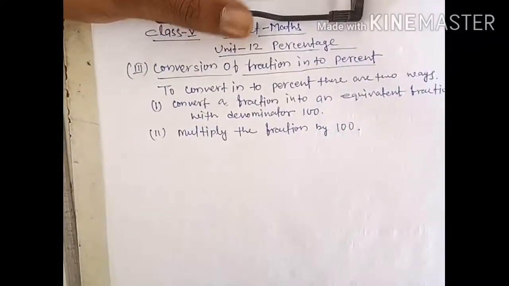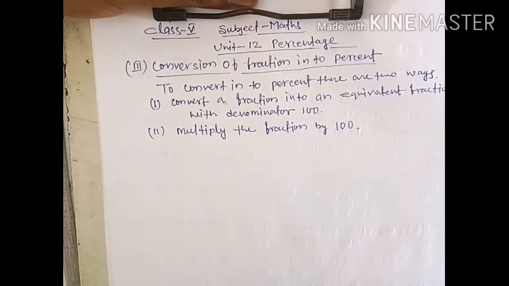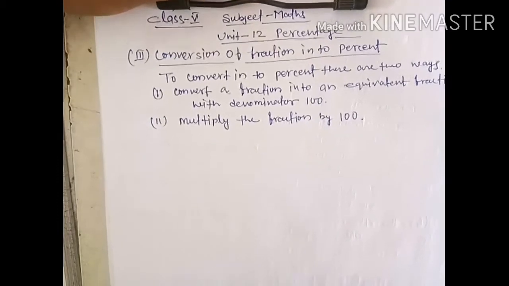There are two methods to convert fraction into percent. First, convert a fraction into equivalent fraction with denominator 100, and second, multiply the fraction by 100.